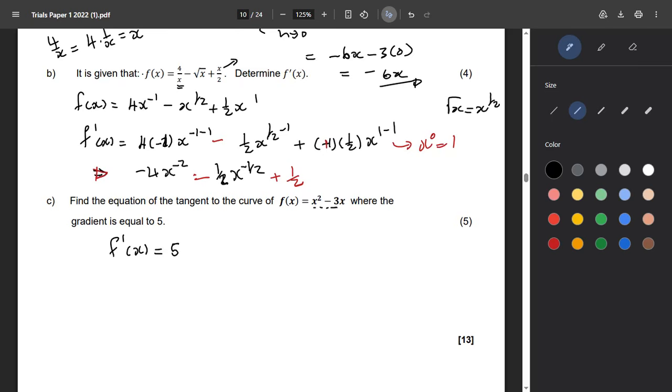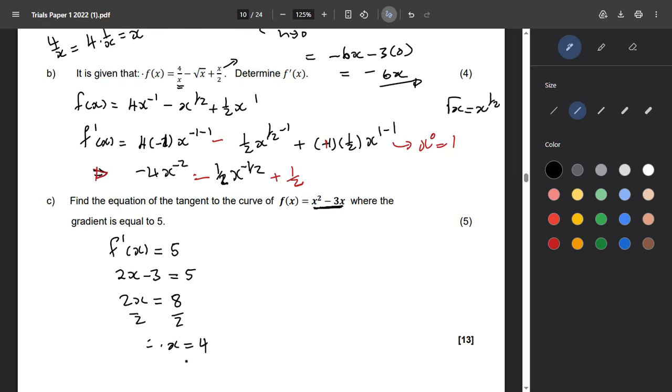Then we need to derive this because we are looking for the equation of a tangent. Let's find the derivative. So this is 2x minus 3. Then equate that to 5. Solve for x. The 3 comes to the other side to be 8. Divide both sides by 2.